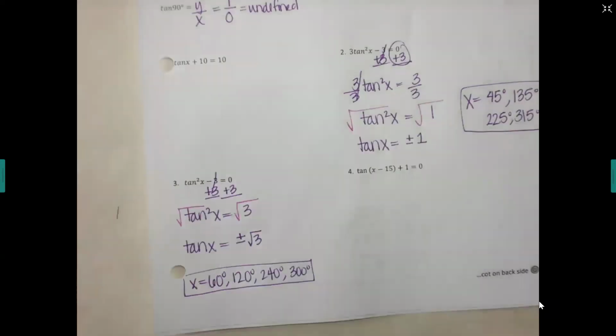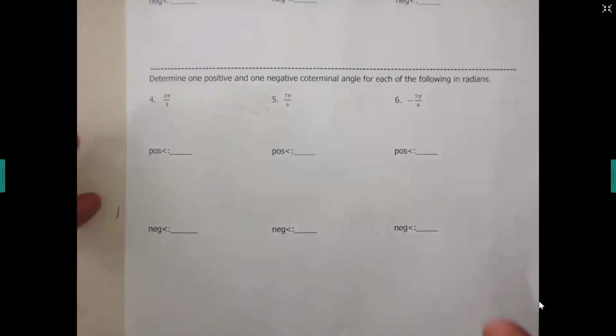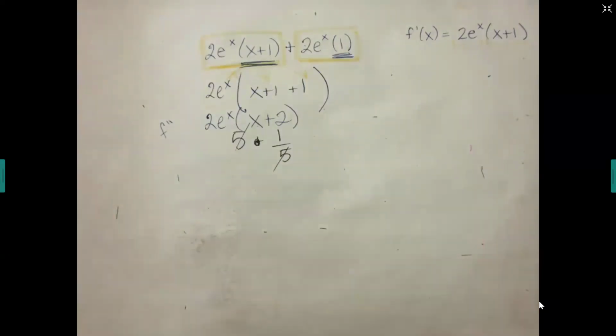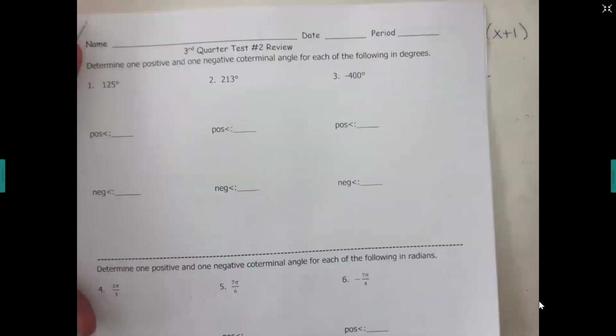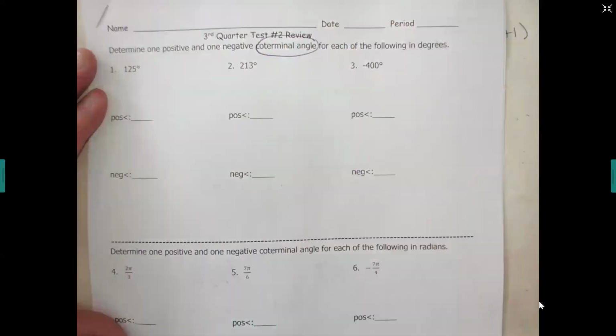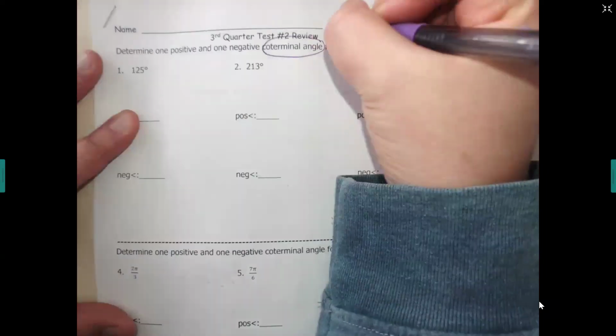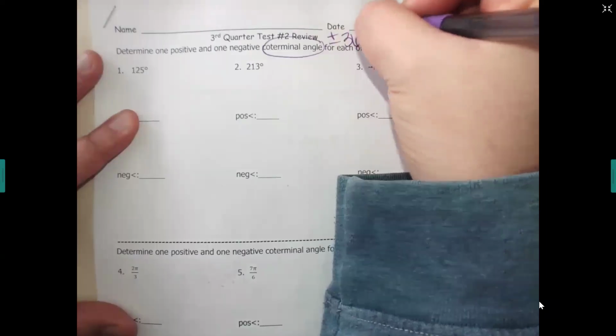Okay, last example I'm going to do with you today, and then we're done. Go to number 6 on the front. How do I find a positive or negative coterminal angle? Gentlemen, Chromebooks should be put away still for now. For a coterminal angle, you are going to either add or subtract what number in degree mode? 360 degrees.